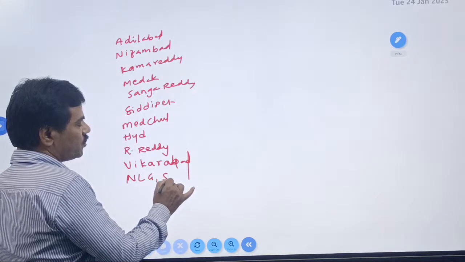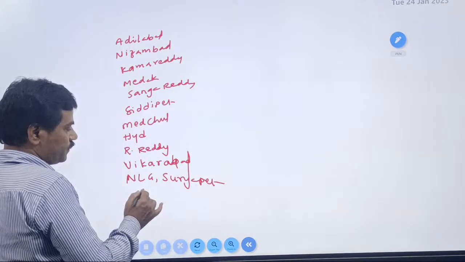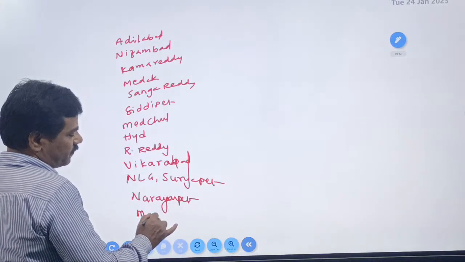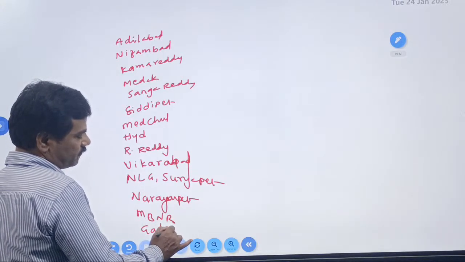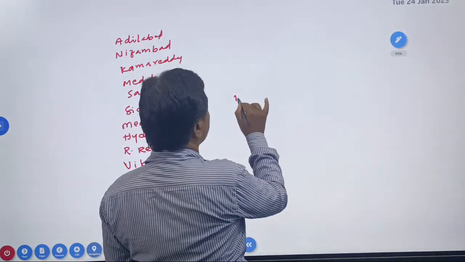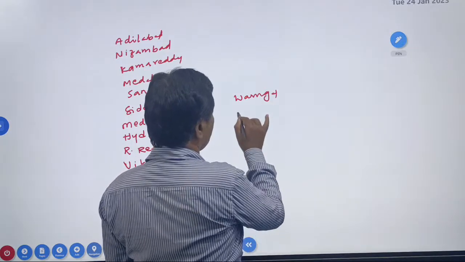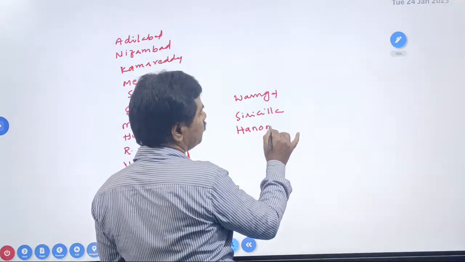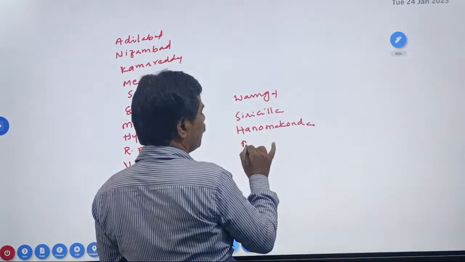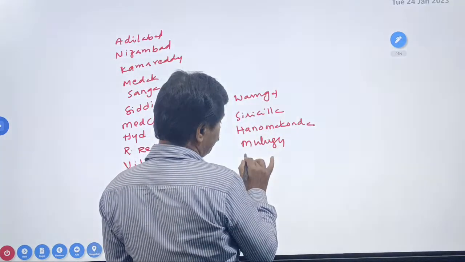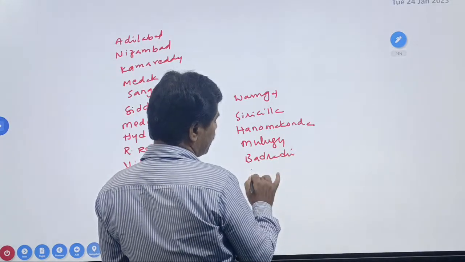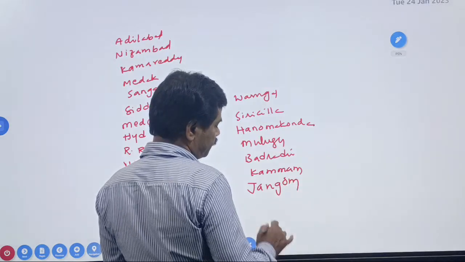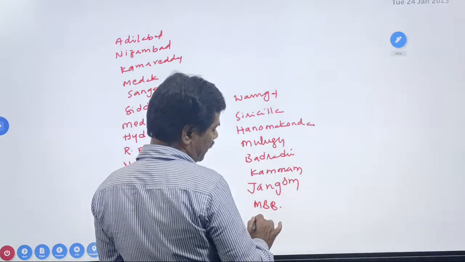Nalgonda, Suryapet, Narayanpet, Mahabubnagar, Gadwal, Warangal, Sirisilla, Hanamakonda, Mulugu, Bhadradri, Khammam, Janagam, Mahabubabad, Yadadri.